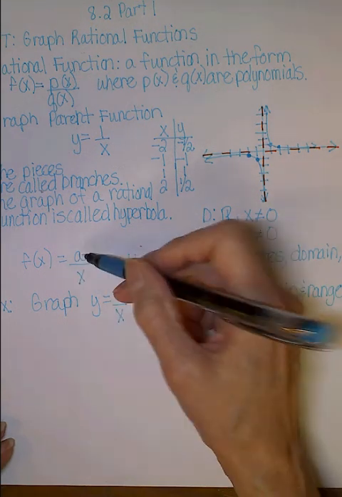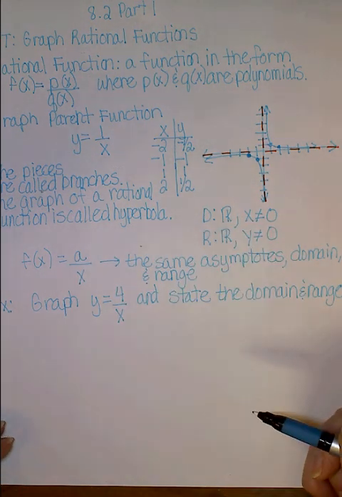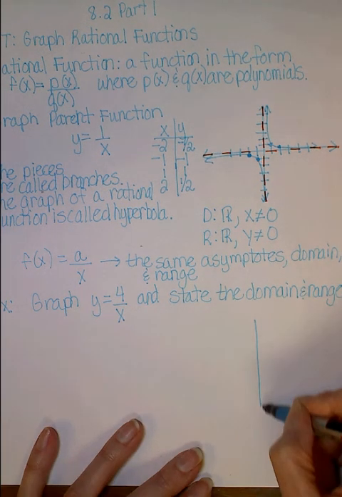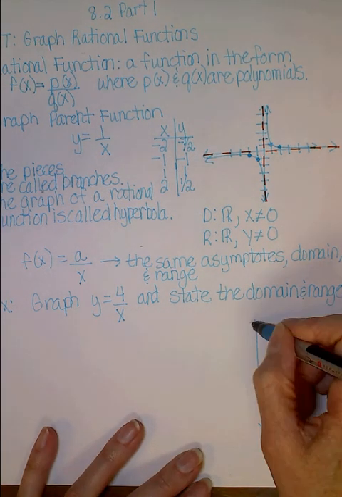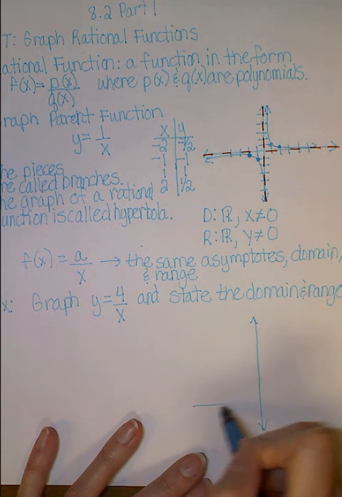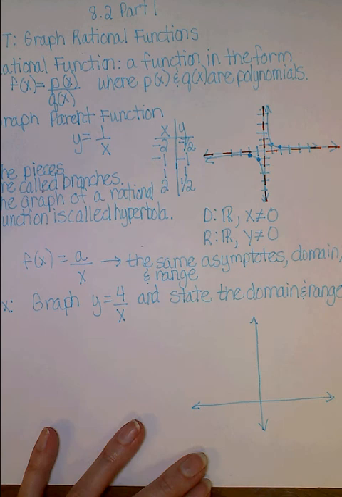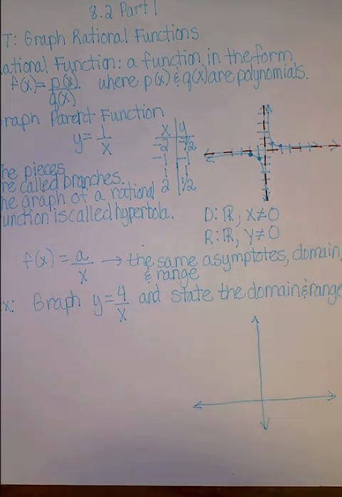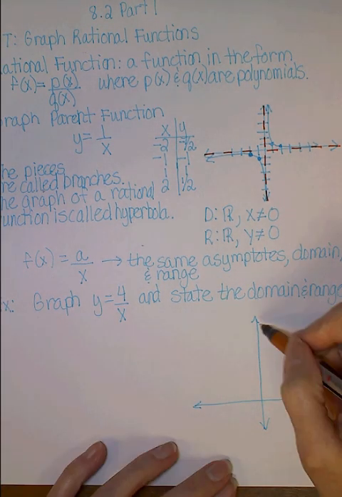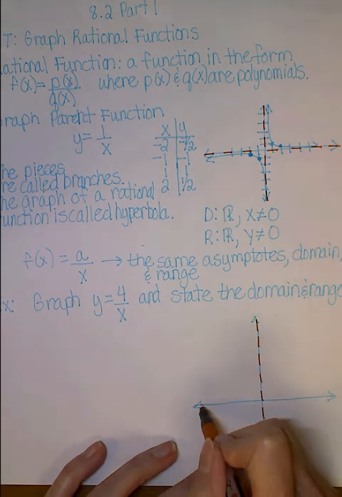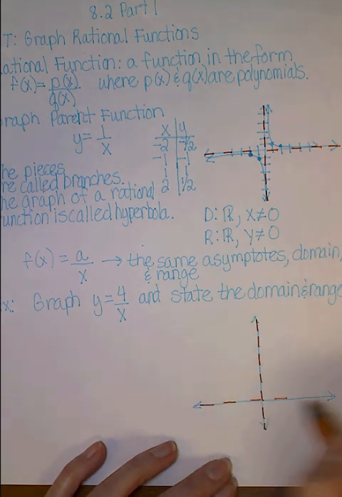It's got a number on top and an x on the bottom. So I know that it's going to have the same asymptotes at 0. So I always like to put in my asymptotes first. So here's my vertical at x equals 0, and here's my horizontal at y equals 0.